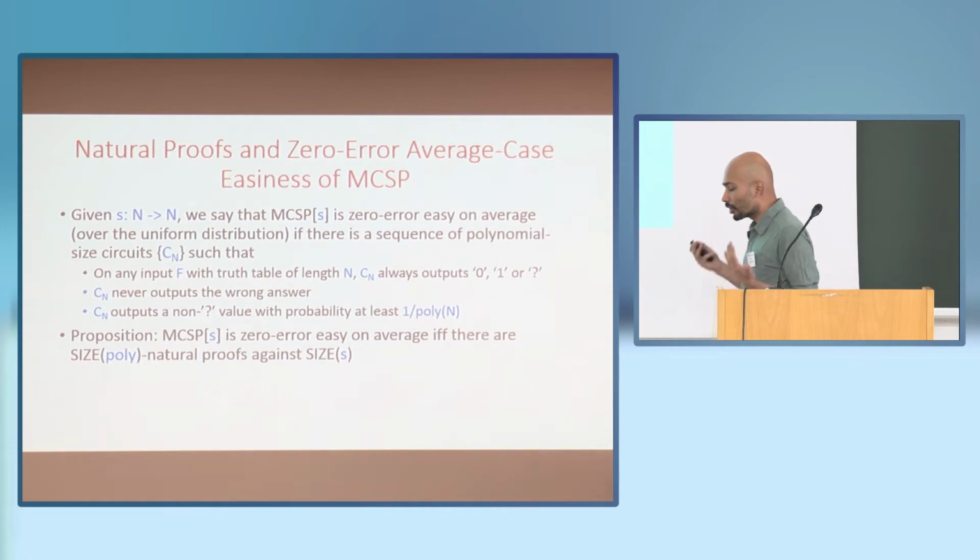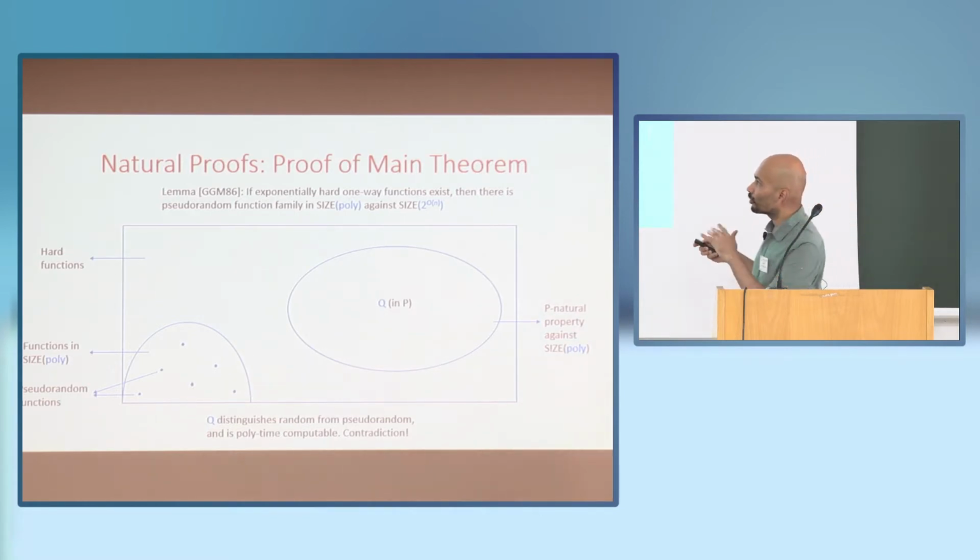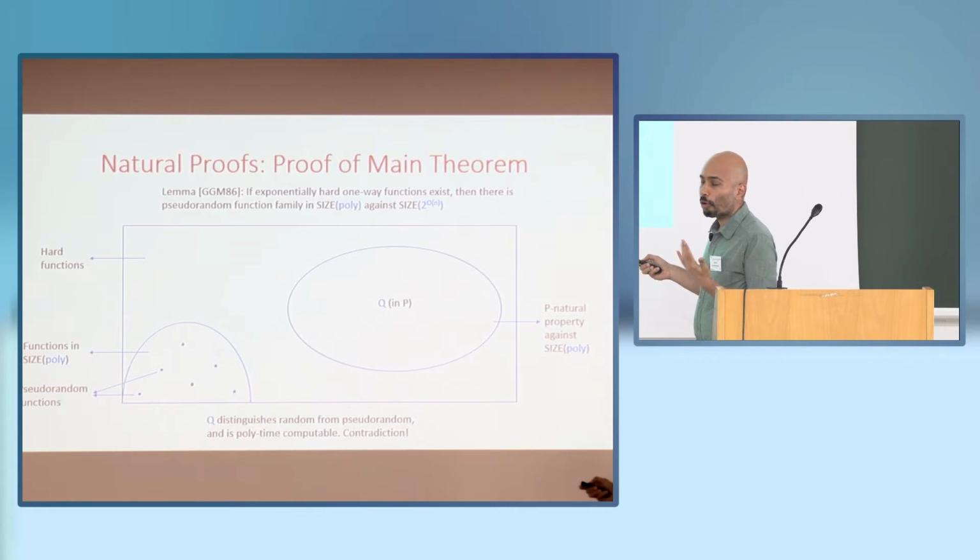But what does this have to do with MCSP? If you look at this property, this is MCSP essentially, right? You're given Boolean functions by their truth tables. So this set here is essentially MCSP. And we'll think of the existence of a natural property as some sort of zero-error average-case easiness for MCSP, and I'll justify that soon under the uniform distribution.